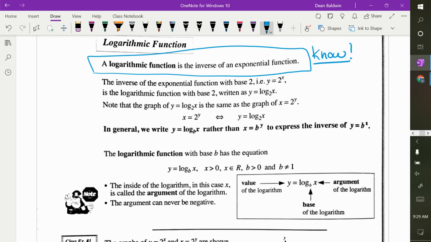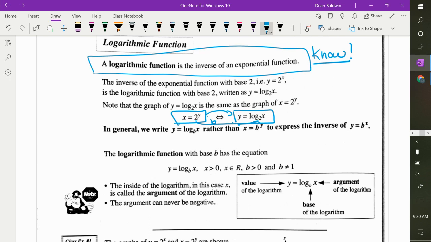But now nobody wants to write it this way, x is equal to 2 to the power of y, because that's just ugly. We want y equals something. So the way you write it is, this becomes this. Y equals log base 2 of x.